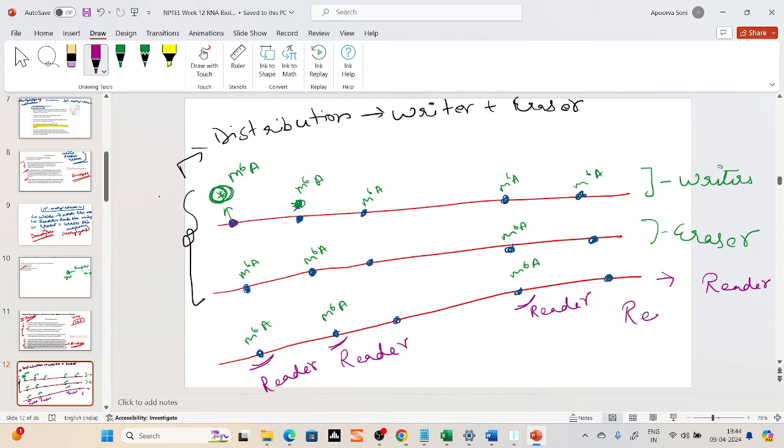It reads the modification. So the distribution of the modification is determined by writers and erasers, and the biological relevance would be determined by readers.